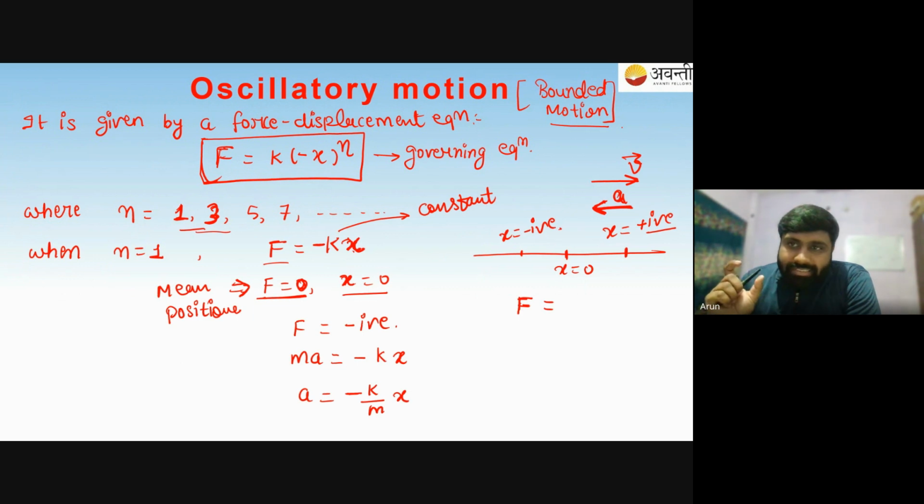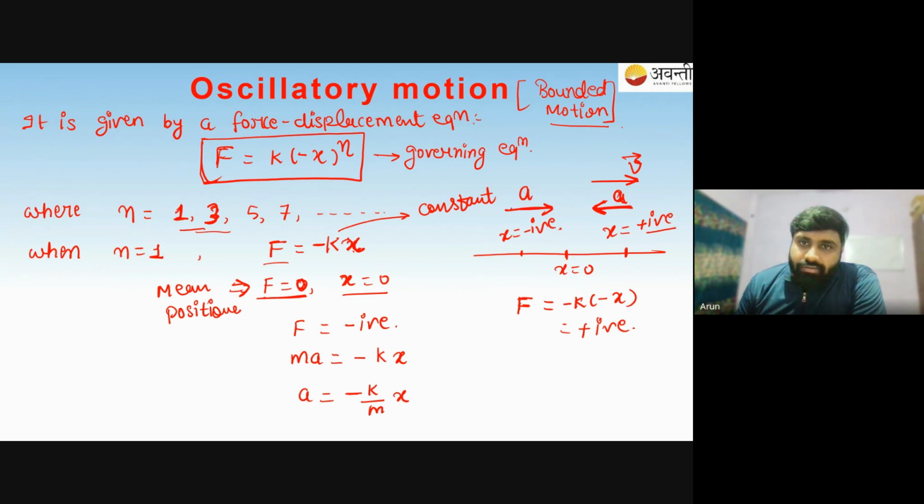But if the power is even, then it will come out to be positive. So here in this equation, it is minus k times minus x. So it will become positive. Okay. So here the force will become positive, which means acceleration is now acting in this direction.